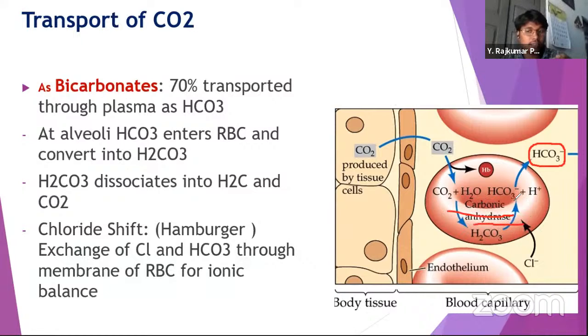Here you can see H2CO3 divides into HCO3 minus plus H plus. This HCO3 formed in the RBC comes out of the RBC to the plasma, and for this removal there is a requirement of intake of chloride. So chloride from the plasma rushes inside the RBC. This exchange of Cl minus into the RBC and HCO3 out to the plasma is called the chloride shift. Finally, the chloride ions are shifting into the RBC. Hope you have understood. Let's go to the next slide.